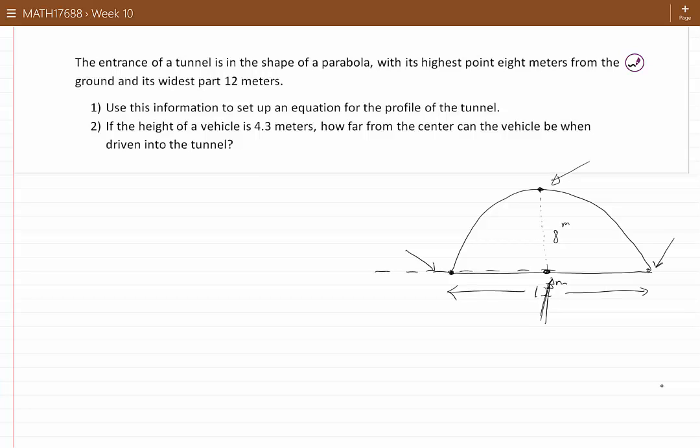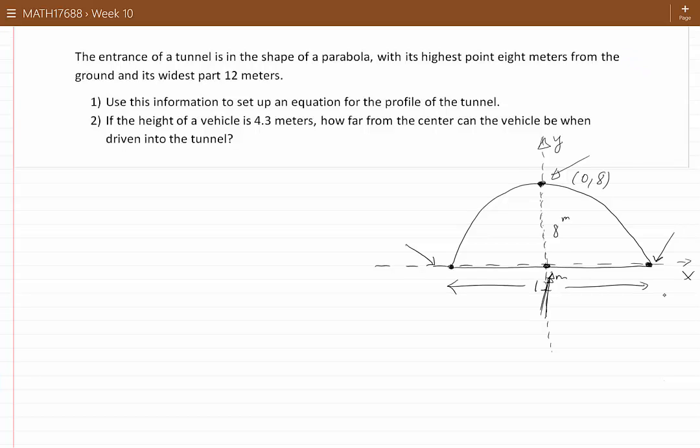The x-axis is therefore on the ground and the y-axis is perpendicular to the ground and passes through the vertex. Having set up the coordinate system, we can now write down the coordinates of certain points. For example, the vertex has the coordinates 0 for the x and 8 for the y.